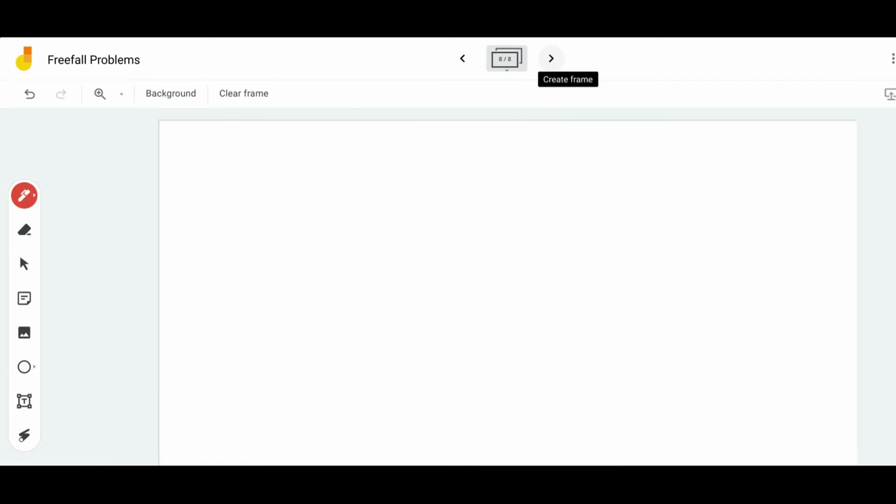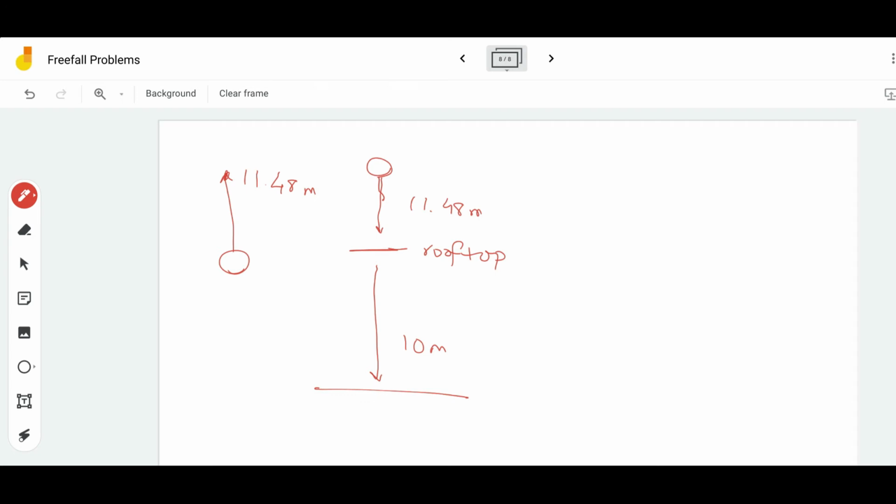The next part is the return leg of the journey. What we know so far is that the ball has traveled upwards for 11.48 meters, where it became static, and now it's going to fall down. It's going to cover a distance of 11.48 meters before it reaches the rooftop level, and then it's going to cover another 10 meters before it hits the ground.